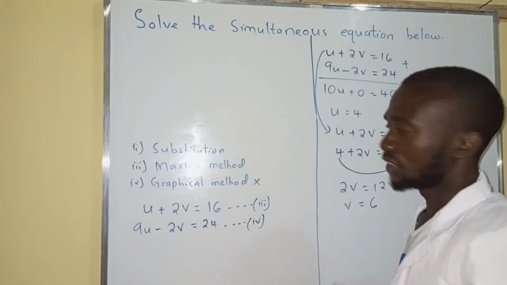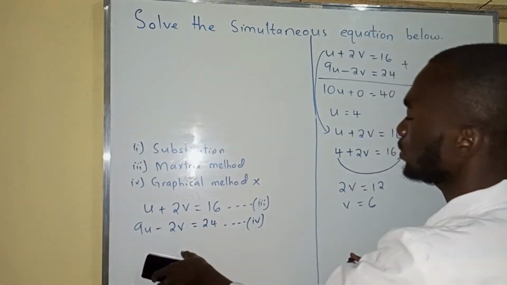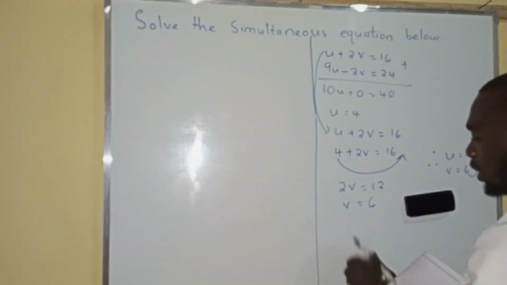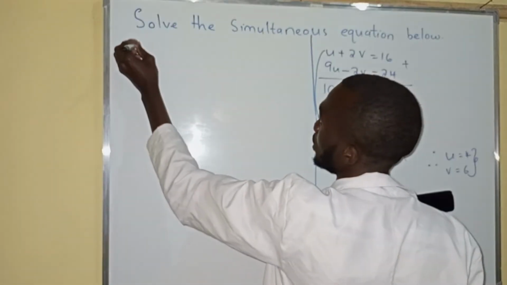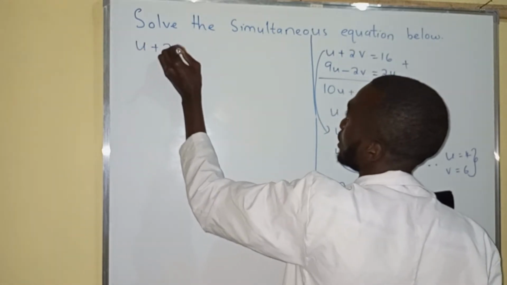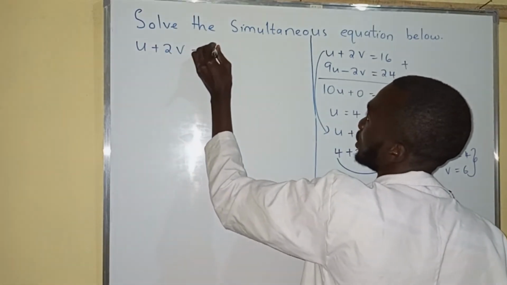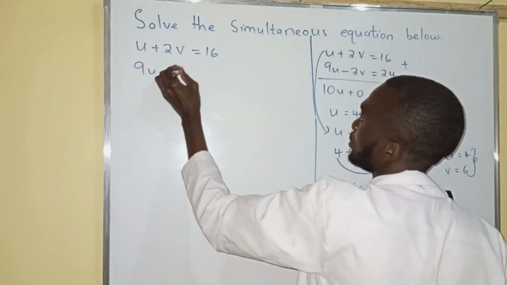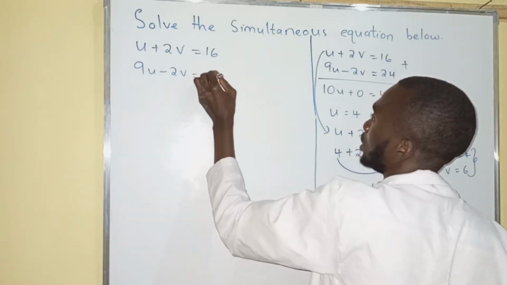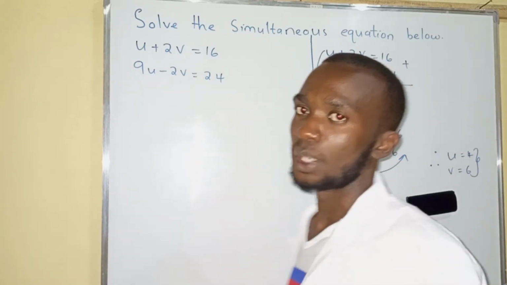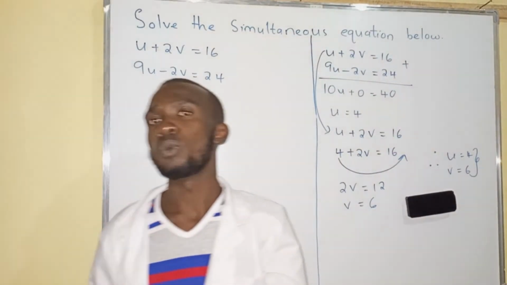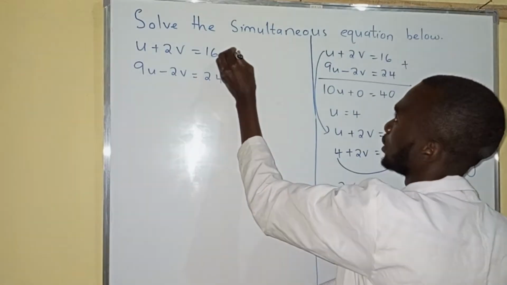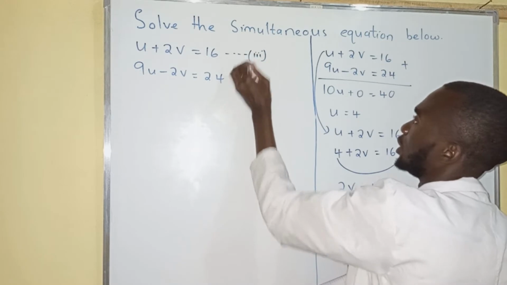The equations are u plus 2v is equivalent to 16 and 9u minus 2v is equal to 24. In substitution, we make one variable the subject of the formula. This was my equation 3 and this is my equation 4.